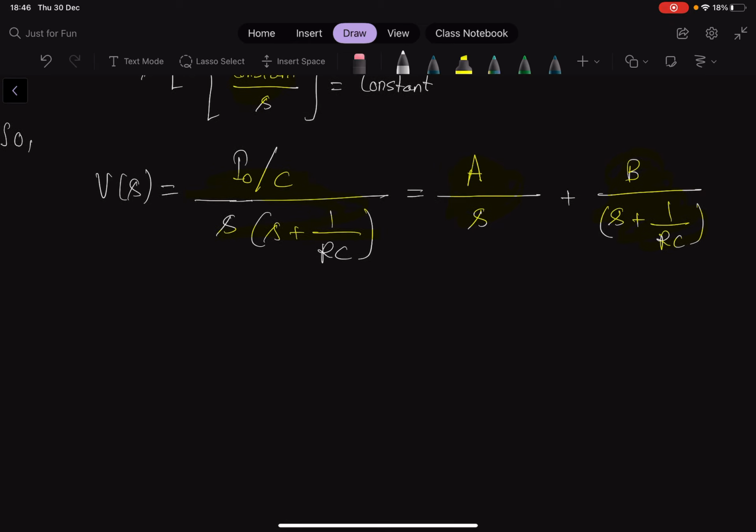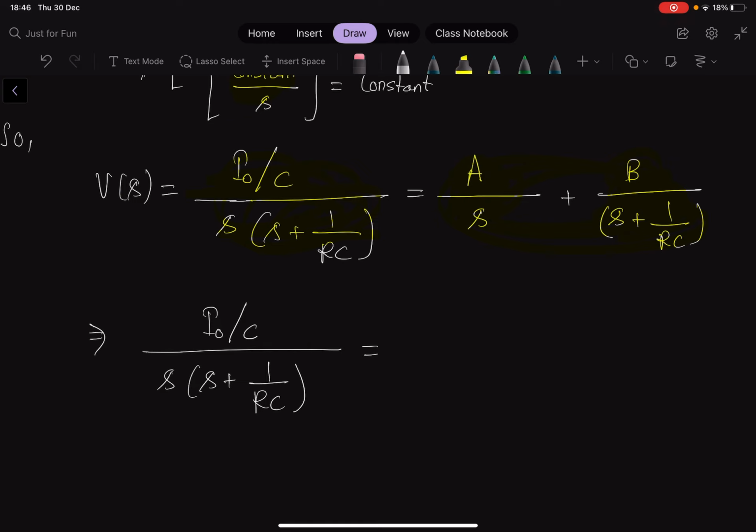Let's look at this, because we know this fraction is equal to the sum of these fractions. So let's simplify. I naught over C equals A over s, plus B over s plus 1 over RC, and let's combine them together.